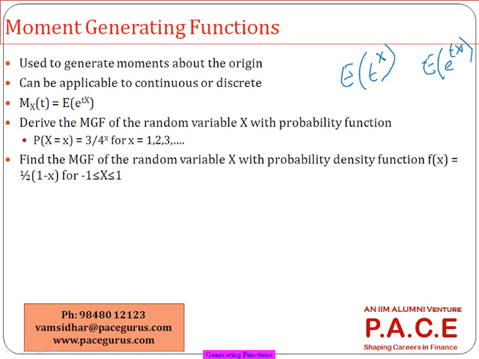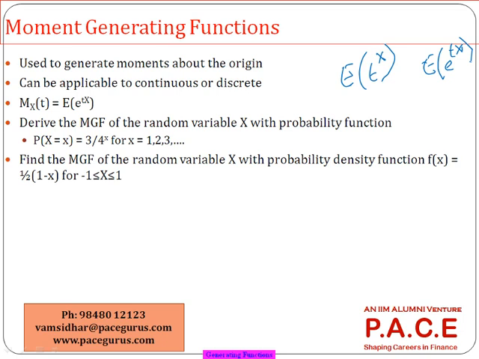Which means every probability, whatever we are getting, you multiply it with e power tx. What is very much essential in all these things is the simplification process. Because at the end, every value has to be multiplied by t power x to get the PGF. Every value has to be multiplied with e power tx to get the MGF. So it's only the simplification that we need to be more and more comfortable with.